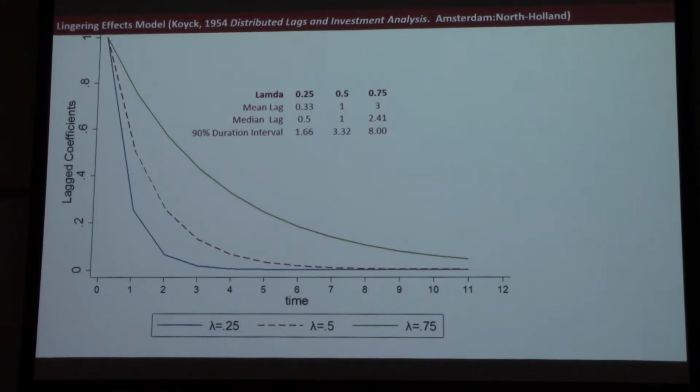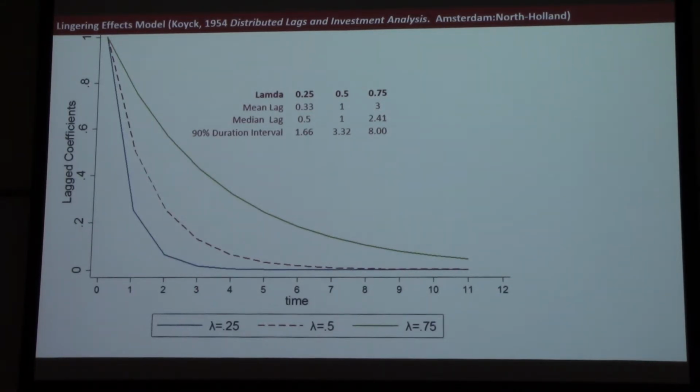With a lambda of 0.25, the 90% duration interval tells us that 90% of advertising is going to be realized after 1.6 months, or years, or weeks, or whatever it is.